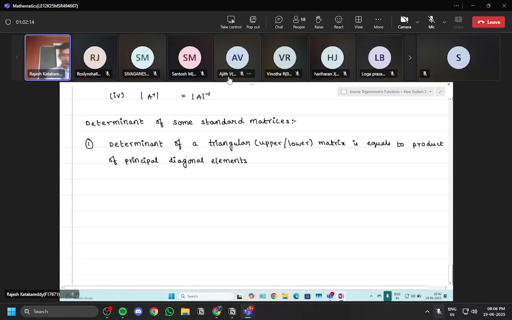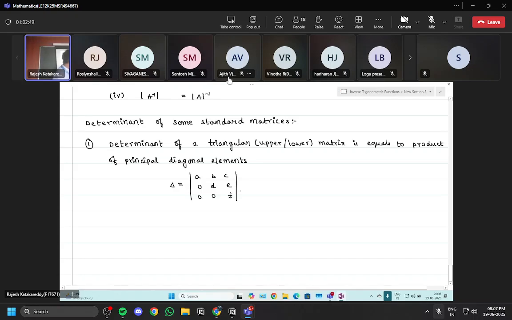Let us take delta equal to the determinant of A, B, C, 0, D, E, 0, 0, F. What kind of matrix is this, dear students? It is an upper triangular matrix. Let us say I am trying to find the determinant by expanding using column 1. I won't write all these things.